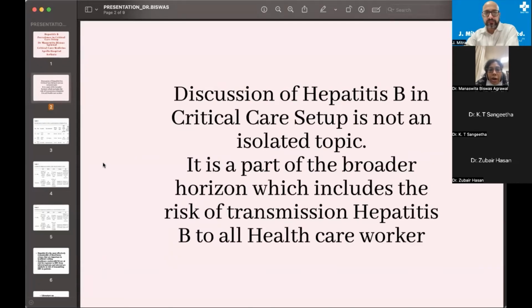Yeah, so discussion of hepatitis B in a critical care setup is not an isolated topic. It is just part of the broader horizon, which includes the risk of transmission of hepatitis B to all the healthcare workers, because that is also important. When you are serving somebody, you have to be safe yourself as well. Hepatitis B is one of the most prevalent transmissible diseases, because whenever we are handling infected patients, we are the ones at risk.